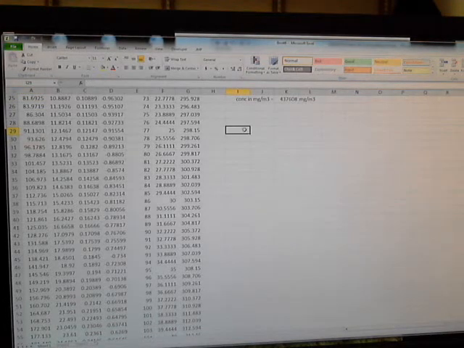So P vapor at 25 C equals 91.13, right? Okay, so we need to convert that, that's torr. We need to convert that to get that into ppm.